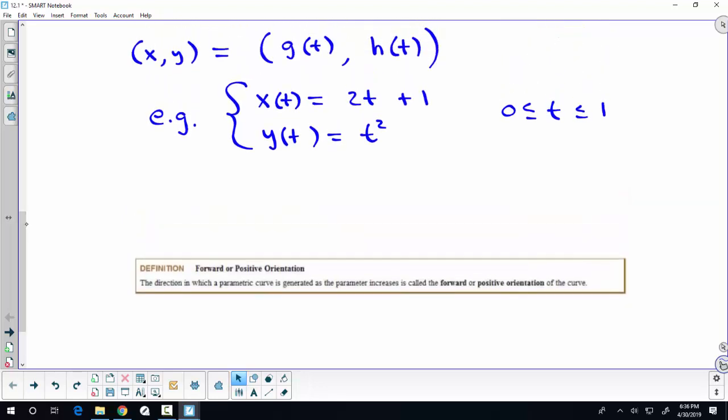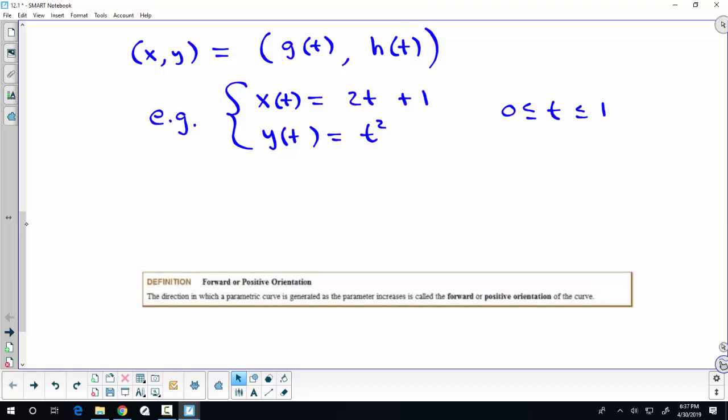Also, when t is restricted, we have an initial point, the first point on the graph that's generated, and a terminal point, which would be the last point. So here, when t equals 0, that would give us our initial point, and when t equals 1, that would give us our terminal point.